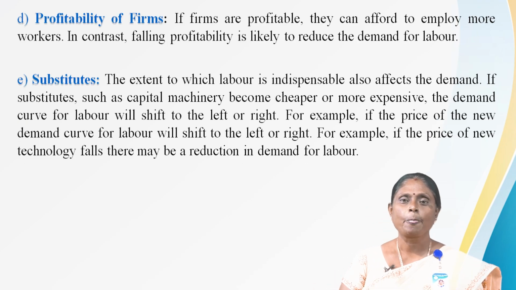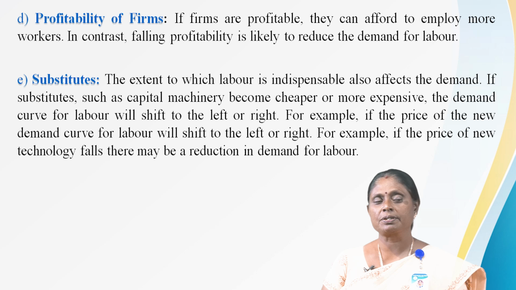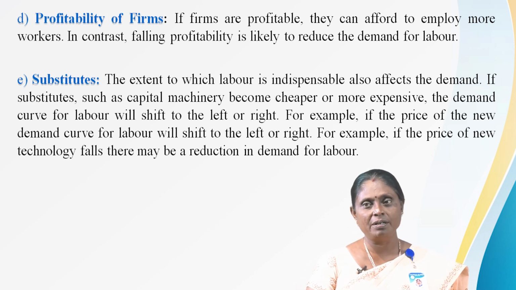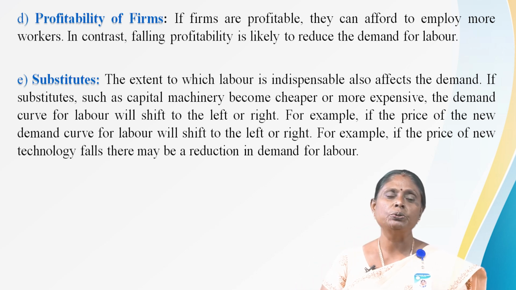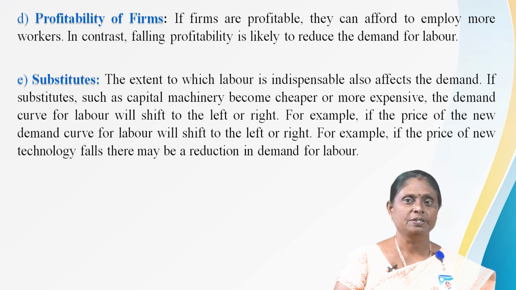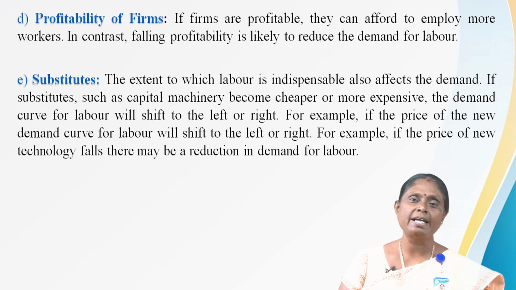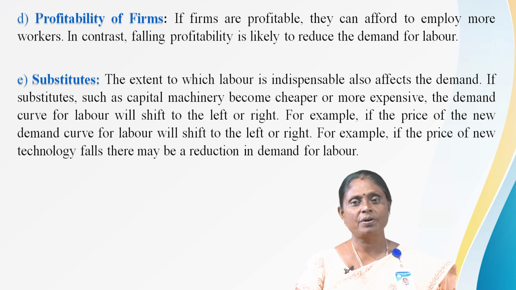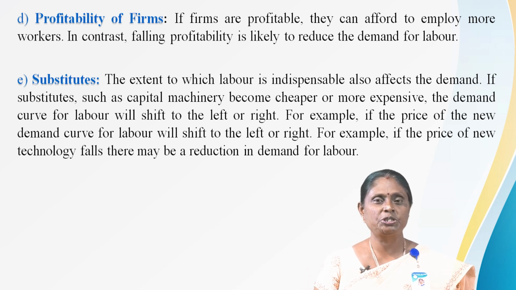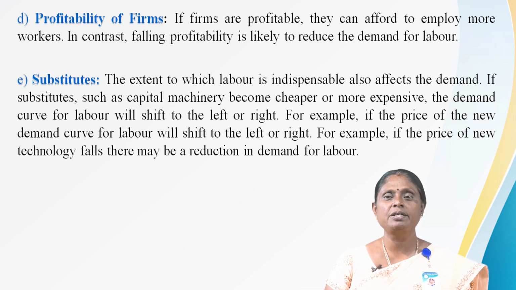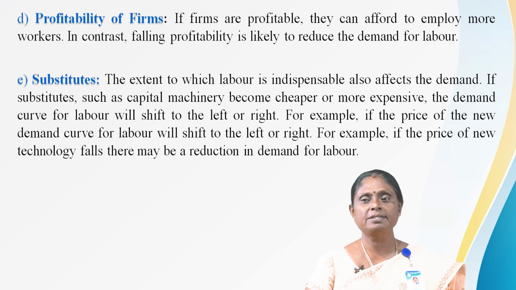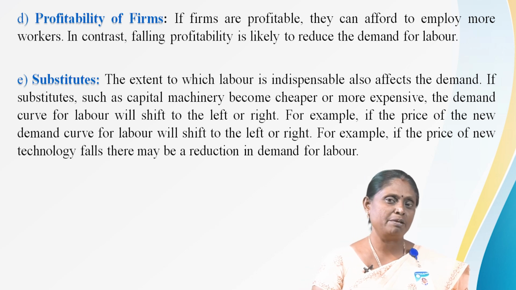Next, the profitability of firms. If firms are profitable, they can afford to employ more workers. In contrast, falling profitability is likely to reduce the demand for labor. Next, substitutes. The extent to which labor is indispensable also affects the demand.